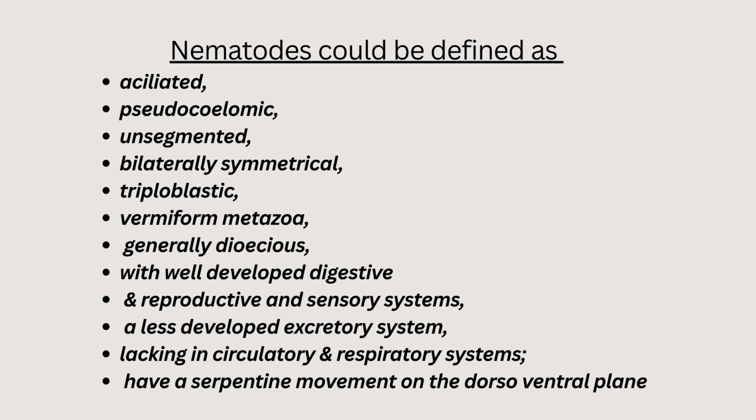So it's a worm-like multicellular animal. Generally dioecious, that means male and female forms are separate forms. They have well-developed digestive, reproductive and sensory systems. They also have an excretory system which is less developed, and they lack circulatory and respiratory systems. They have a serpentine movement of locomotion.